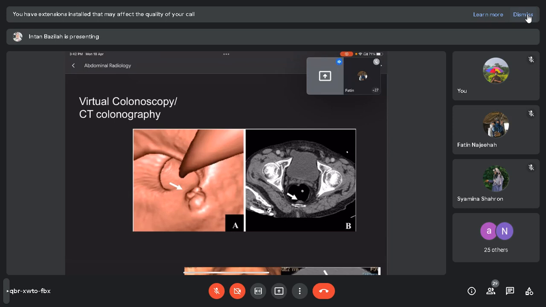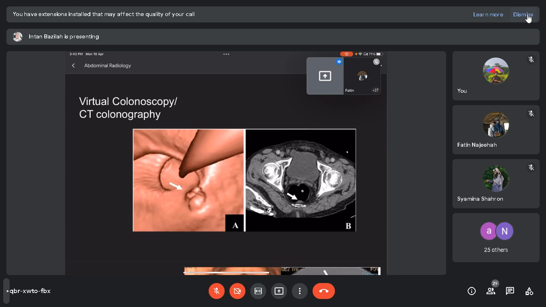Before the procedure, the patient needs to be prepared by being given barium tagging. We call it barium tagging. This barium tag will tag the residual stool in the large bowel, so that when we process the image, we can know that this is actually stool.